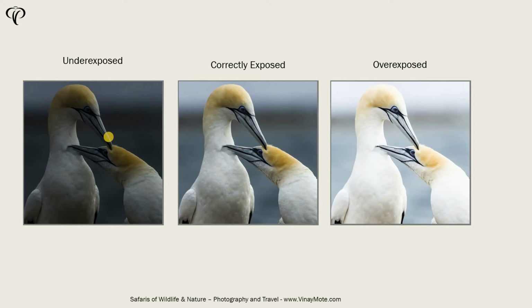That's when I call this an underexposed image. If I take some settings and get a brighter image than whatever I can see, the image will be like the right-hand image, and this is normally called an overexposed image.